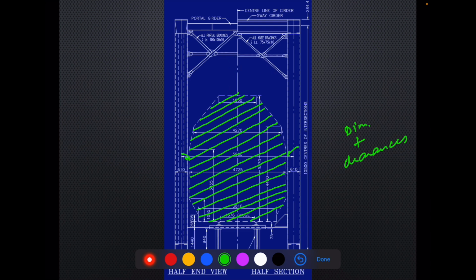With the help of these dimensions and clearances, we decide the minimum dimensions which will govern our open web girder dimensions.